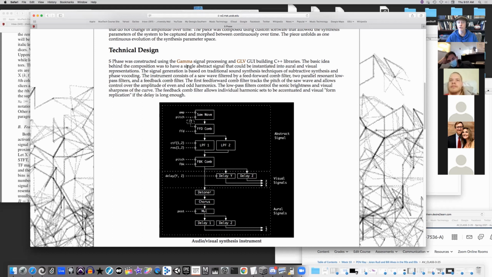And so when he works with it, he's working with this sort of what I would call system that grows sound and vision in a very simple way. So he would argue that what we see here, the abstract signal, a saw wave, a comb, two low-pass filters, and another comb, is not necessarily a sonic signal. That's just a signal.